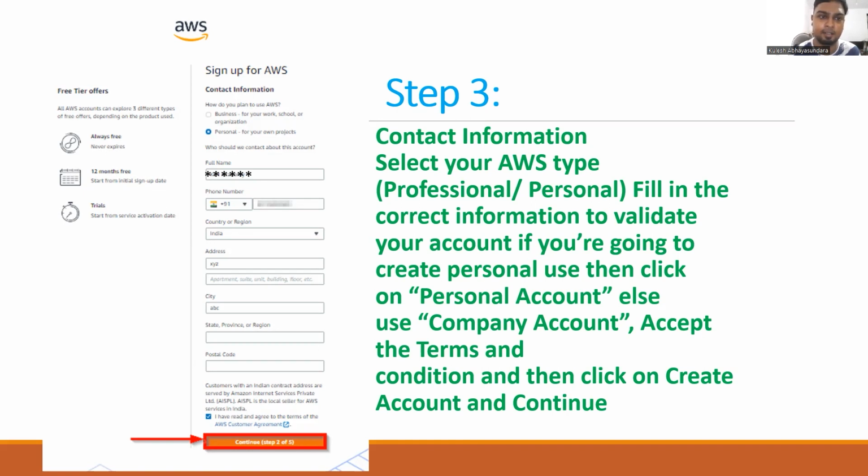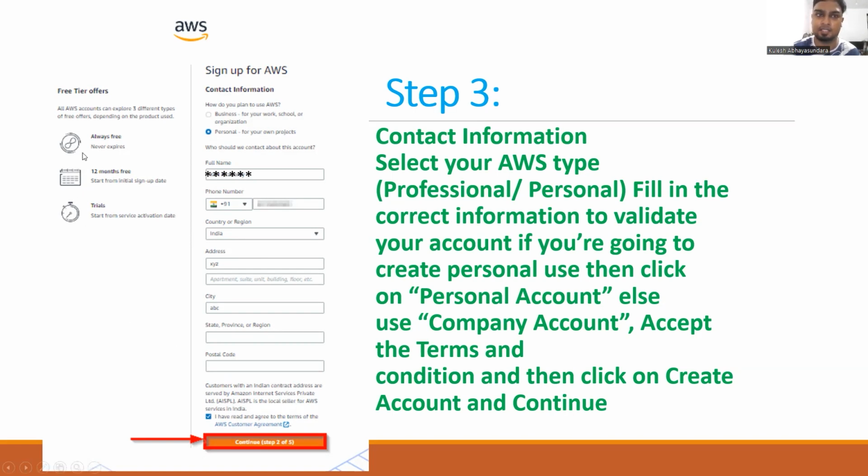And next thing, we have to give our full name, the phone number with the national ID and the characters. And we can select our country or region. Here it says India. And the next thing, we can provide our addresses in 2 lines, then the city, state, province, or region, and the very genuine postal code.